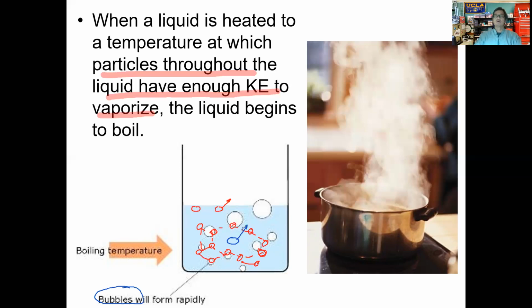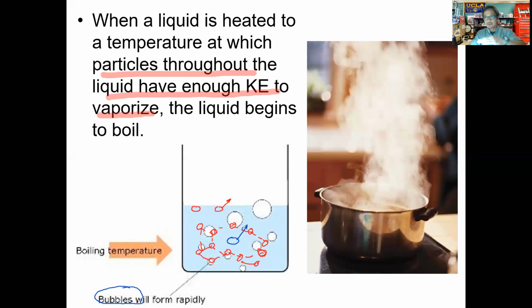Okay, and so what's the difference between boiling and evaporation? Well, first of all, when you boil, you get evaporation. If you're getting particles underneath the surface to move faster and then vaporize, you can only imagine that the particles at the surface are also still acquiring enough energy, speeding up, and leaving. So when you boil a liquid, you're still getting evaporation.